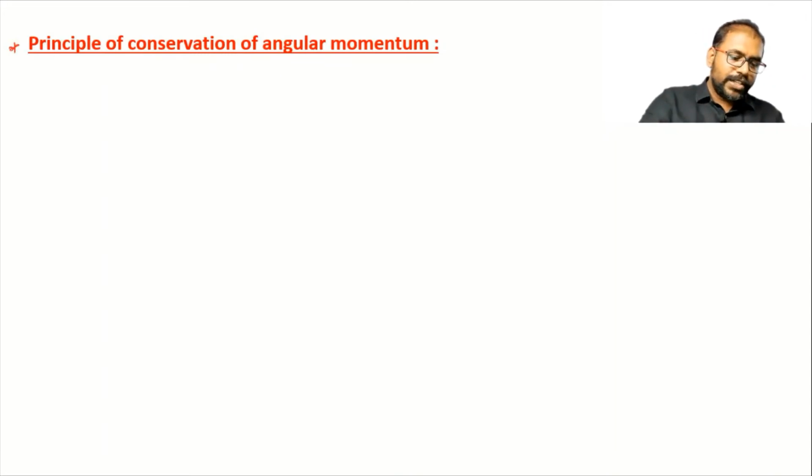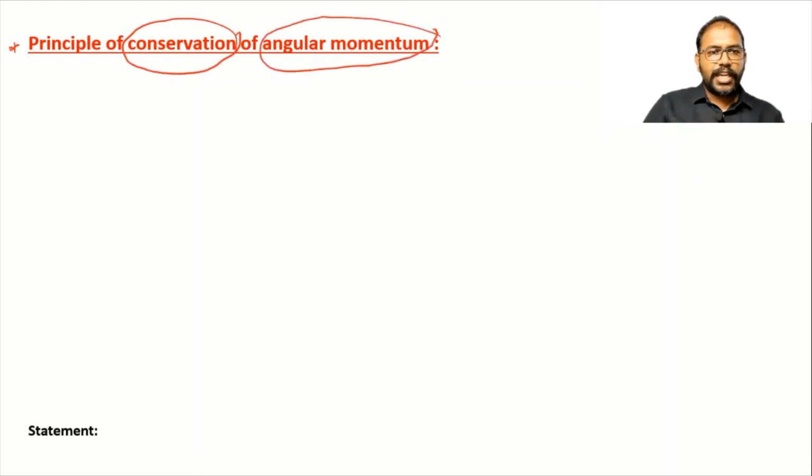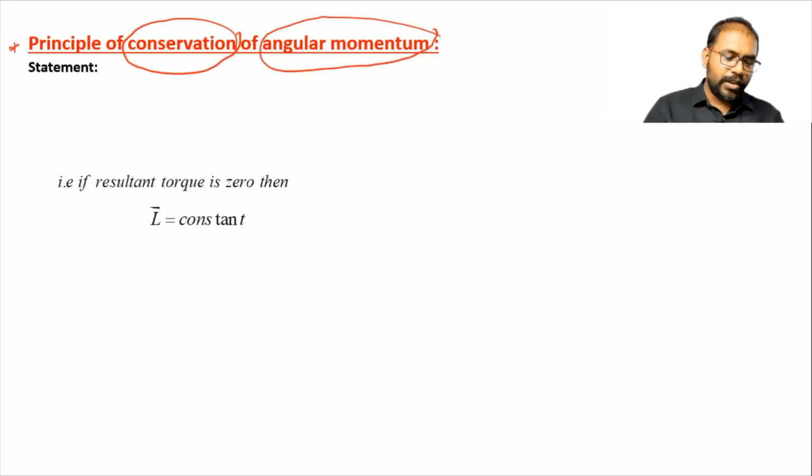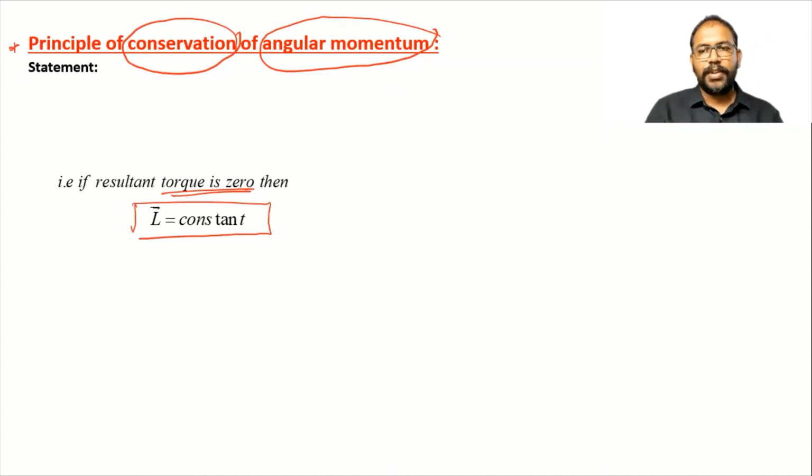यहाँ पे conservation का मतलब है constant. क्या constant है? Angular momentum constant है. तो यहाँ पे स्टेटमेंट में बता रहा हूँ, मैथमेटिकल स्टेटमेंट देखो. कब एंगुलर मोमेंटम कांस्टेंट है? इफ टॉर्क इज 0 देन एंगुलर मोमेंटम, हम L से रिप्रेजेंट करते हैं, तो एंगुलर मोमेंटम इज कांस्टेंट. And this is an external torque, external resultant torque acting on the body 0, then angular momentum is constant.